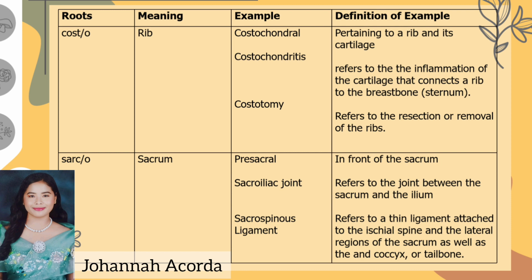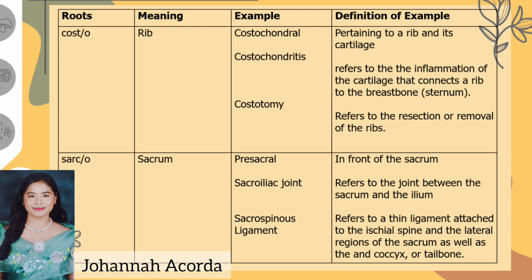The sacroiliac joint is located between the sacrum, the triangular bone at the base of the spine, and the ilium, one of the large bones of the pelvis. This joint is essential for connecting the spine to the pelvis and plays a crucial role in supporting the upper body's weight and transferring it to the lower limbs.